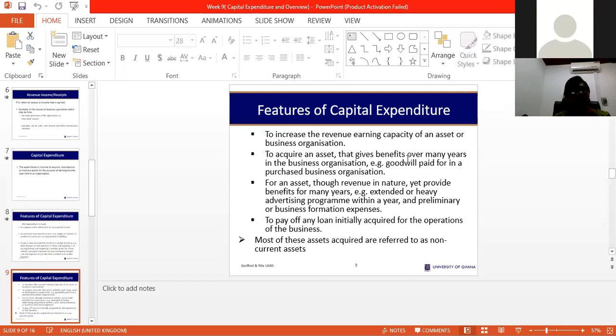So when you have an advert program where the advertisement is for a whole year and includes so many aspects of the business, or you are introducing a new business and you have to do a lot of expenses at the formation stage of the business, then all that could be classified as capital expenditure.